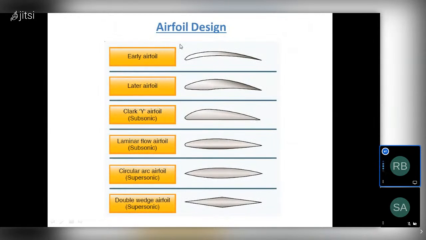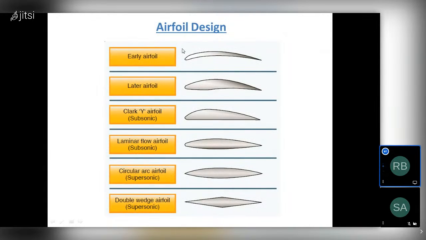Already in real life we have all these different aerofoils. With respect to these different aerofoils, different aircraft have been designed, right? Like fighter jets, commercial aeroplanes, UAVs, quadcopters, rotorcraft, and many other aircraft.